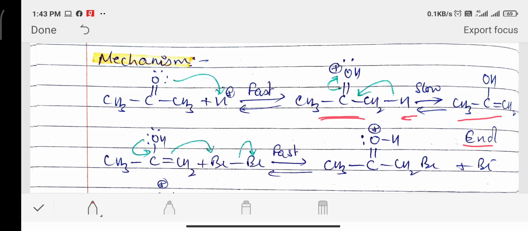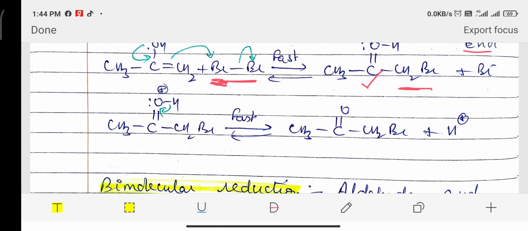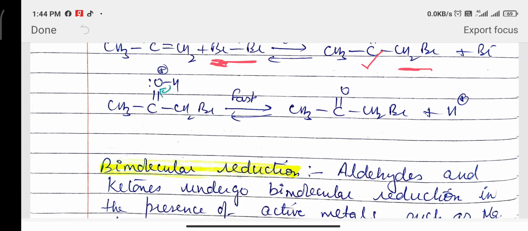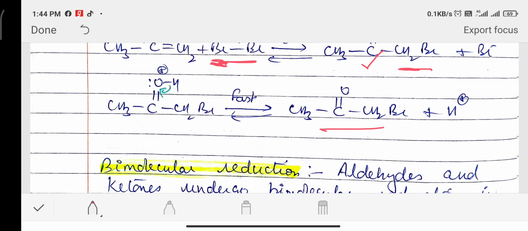Now this enol combines with halogen to give this product, in which through these electrons Br positive is attached, and these electrons move to complete the valency of carbon. This further gives the final product in which this hydrogen is removed as H positive.